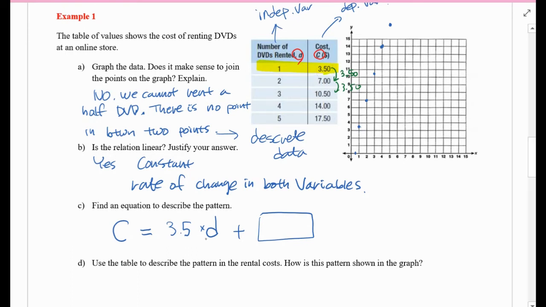If you plug in 1, you should get 3.50. What number do you need to add here? Nothing, right? You don't have to add any number. This is 0. So the equation will be C equals 3.5D. You can omit multiplication. C equals 3.5D.